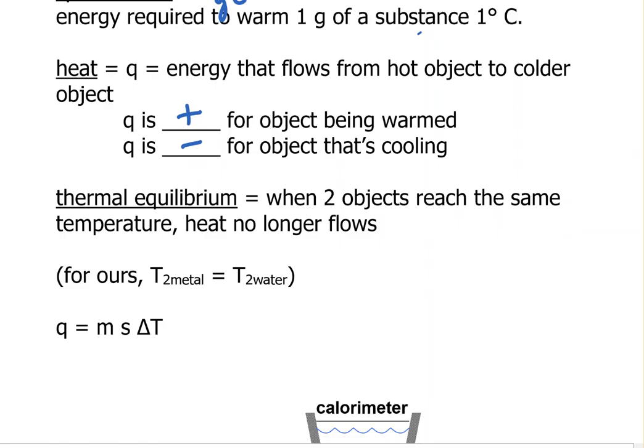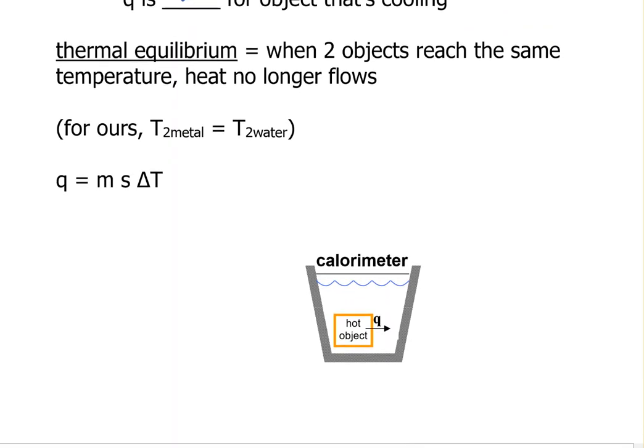It always flows from hot to cold until they're both at the same temperature. And when they reach the same temperature, we call that thermal equilibrium. And this is important for ours because when we put our hot metal into our water, if given time, eventually the temperature of the metal and the temperature of the water will be the same.